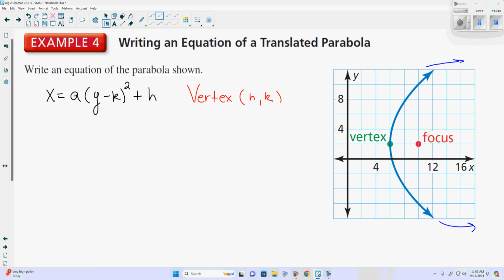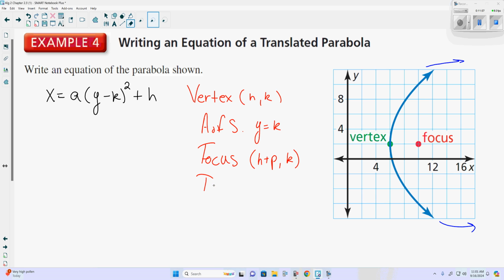Axis of symmetry is y equals k. Focus is the point h plus p comma k. And lastly, the directrix is x is equal to h minus p.